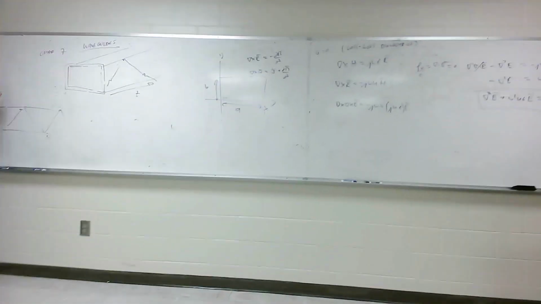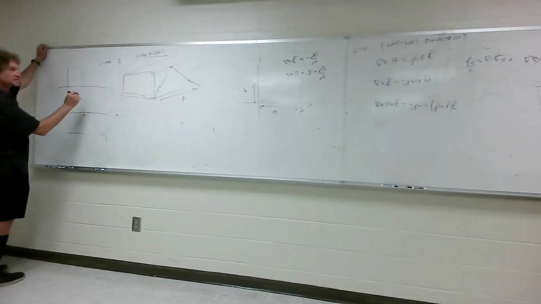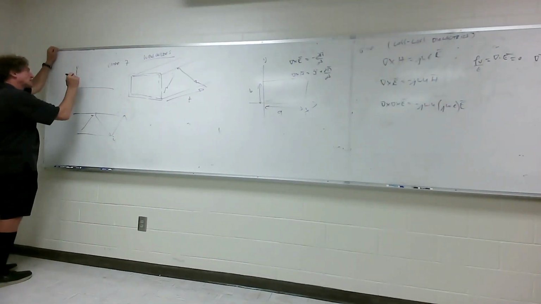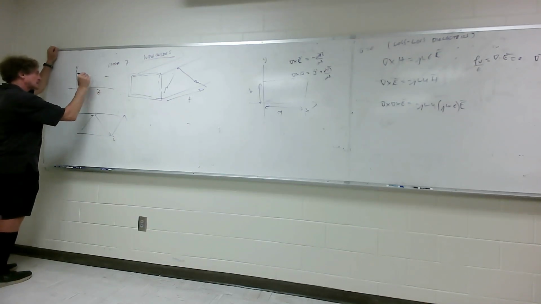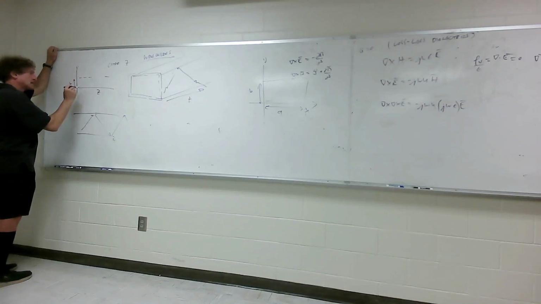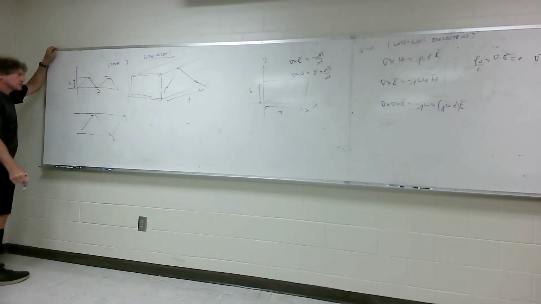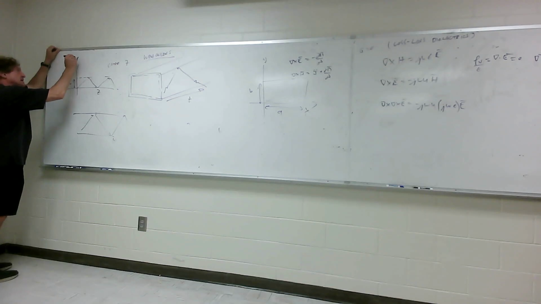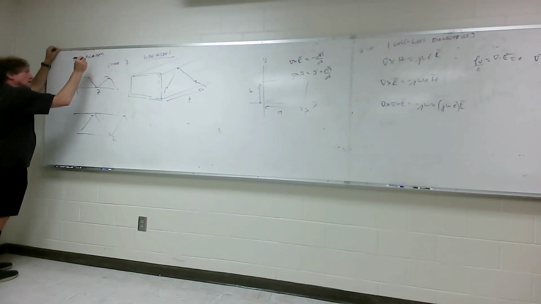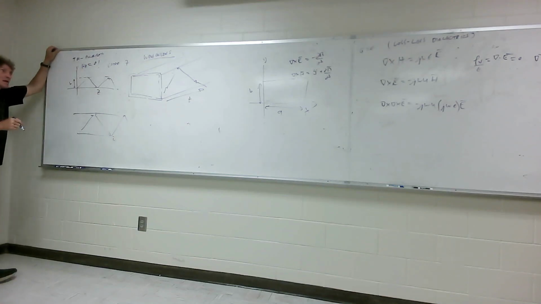I'm taking a side shot of this. If this is the Y direction and this is the Z direction, what I'm trying to show you is this would be height b here. And if the wave is propagating in this direction, it's bouncing back and forth like so. I'm showing you the path, all right? Now listen, this is important. When they say TM polarization, it means the H field in the direction of propagation, which is Z, is 0. With me on this?